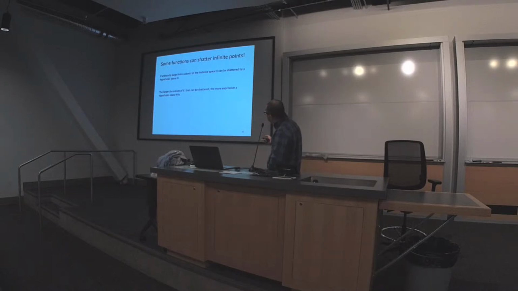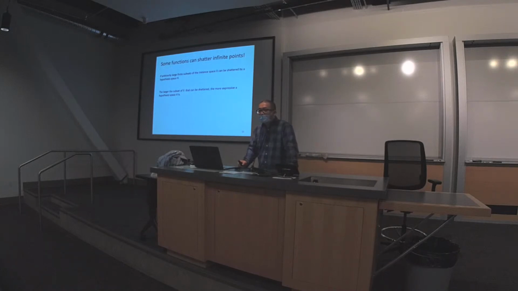So if you have a hypothesis space H which can shatter an arbitrarily large number of instances in the instance space, then we claim that your hypothesis space can shatter an infinite number of points. This is a subtle definition. Don't think that it can really shatter infinite number of points.